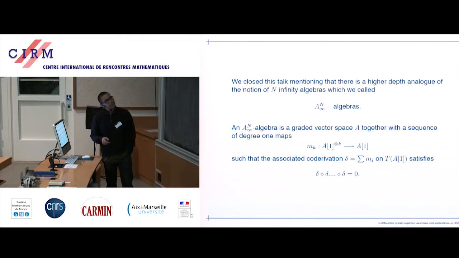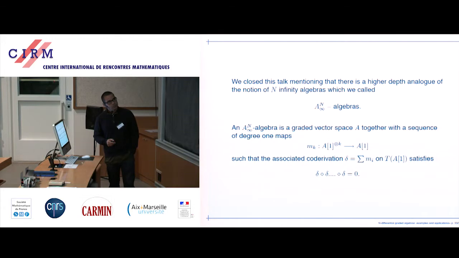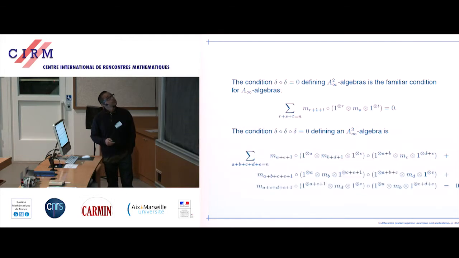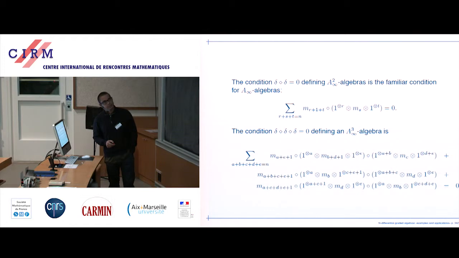Then the generalization for the infinity algebra will be to choose n compositions of the co-derivation. For 2, of course, you get the usual definition of infinity algebras. When you compose 3, for example, this would be the new identity for an infinity algebra. So it's quite a complicated identity.